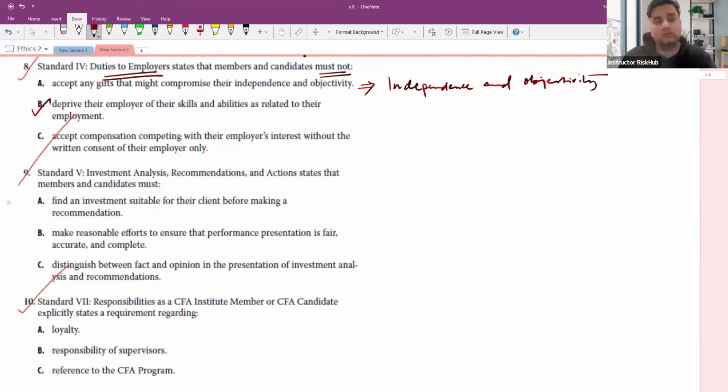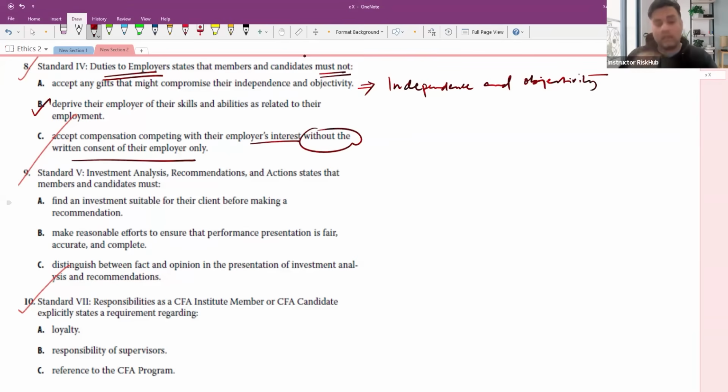Next one is accept compensation competing with their employer's interests without the written consent of their employer only. Now this is very tricky, because here we are saying the consent of their employer only.